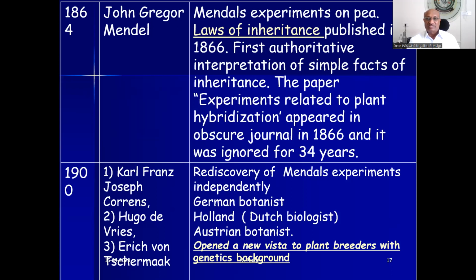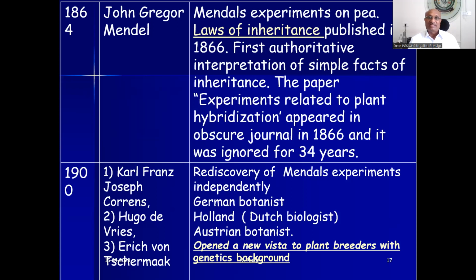Lucky means you just get into the field and encounter some good plant. But having a systematic way of searching for that plant, or creating opportunities for getting such plants, is possible only when you are a good geneticist. You have the knowledge of genetics. So that is the basis for this.